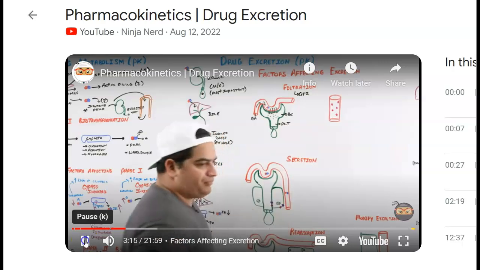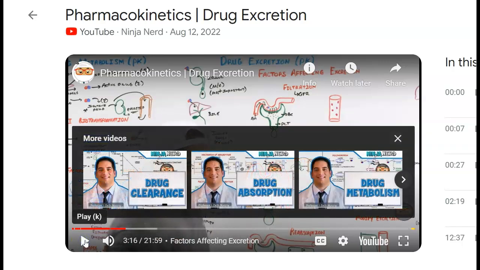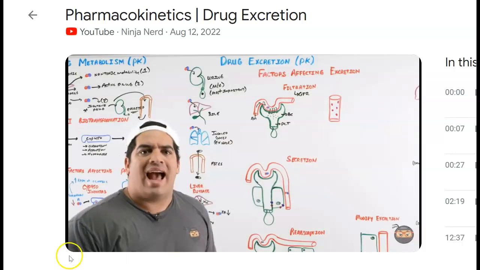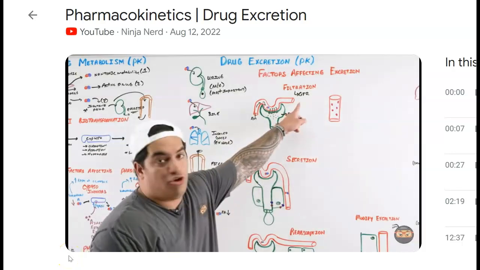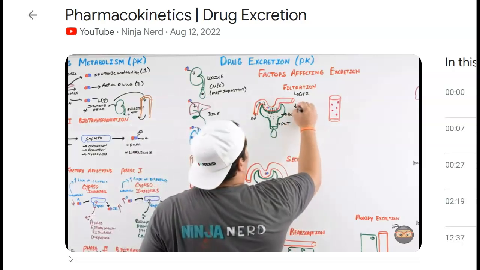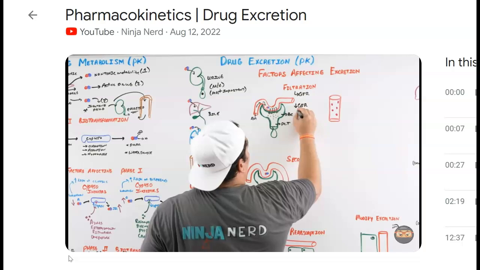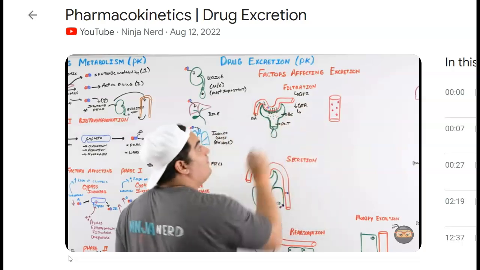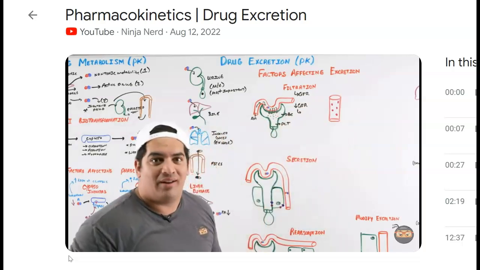So for example, you do not need to know Bowman's capsule. I will not test over that, but we want to understand the concept of the GFR. If a patient has some type of chronic kidney disease or acute kidney injury for whatever reason, and they have a decreased glomerular filtration rate, what happens to the amount of drug that's filtered across the glomerulus?